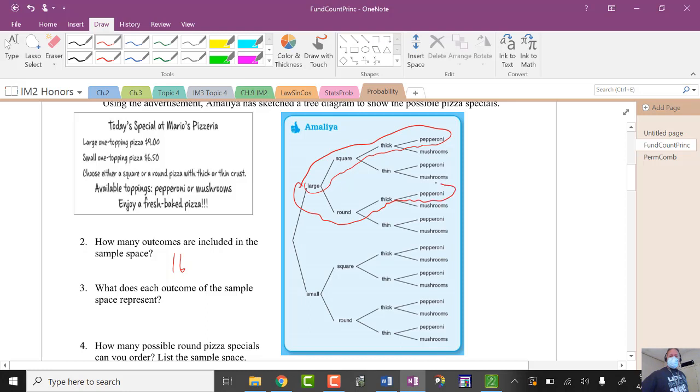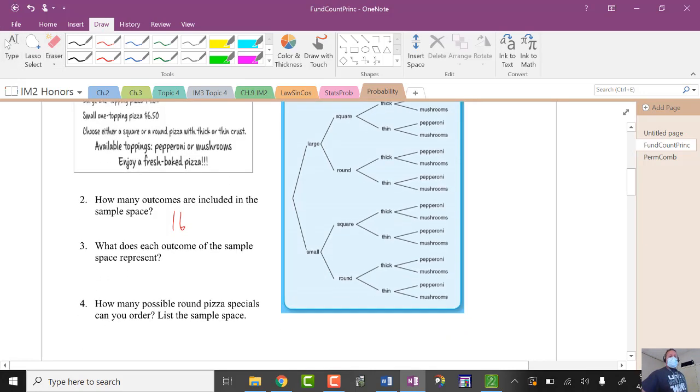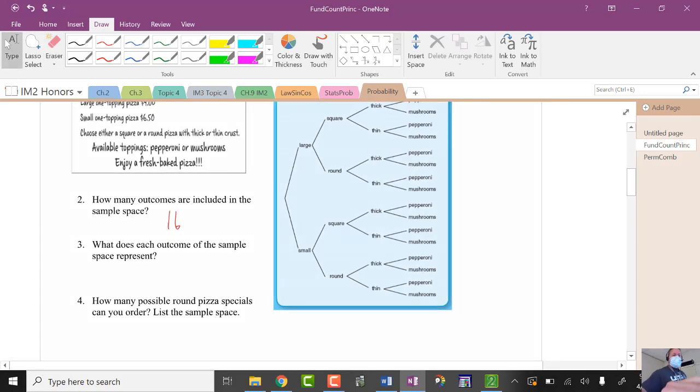I don't want to hit every single one of those, but all of these total branches represent unique, different pizzas based off of maybe just one little difference, maybe more. So, what does each outcome on this branch represent? Unique pizzas. There is at least one difference, if not more. So there are 16 unique pizzas you could order under these parameters.